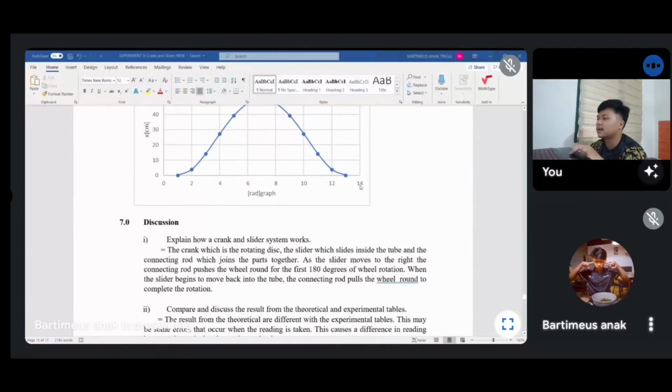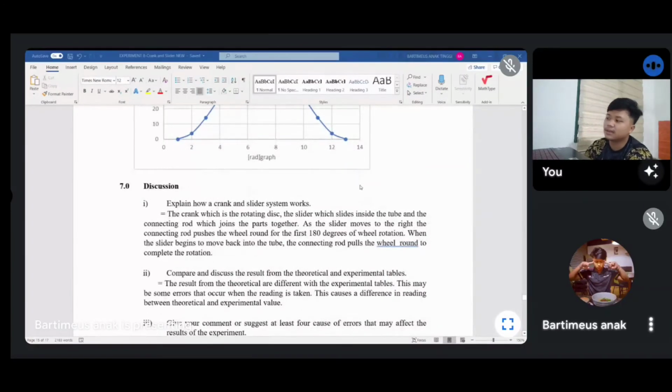So the answer is the crank, which is the rotating disc, the slider, which slides inside the tube, and the connecting rod, which joins the parts together. As the slider moves to the right, the connecting rod pushes the wheel round for the first 180 degrees of wheel rotation. When the slider begins to move back into the tube, the connecting rod pulls the wheel round to complete the rotation. This is how the crank and slider system works.